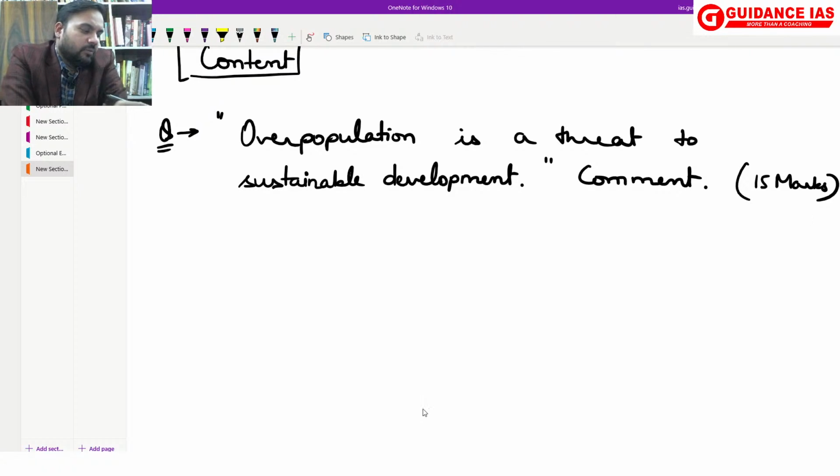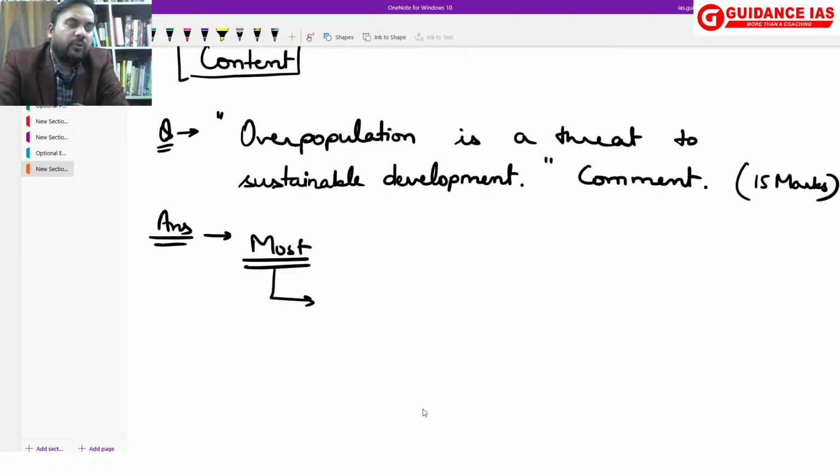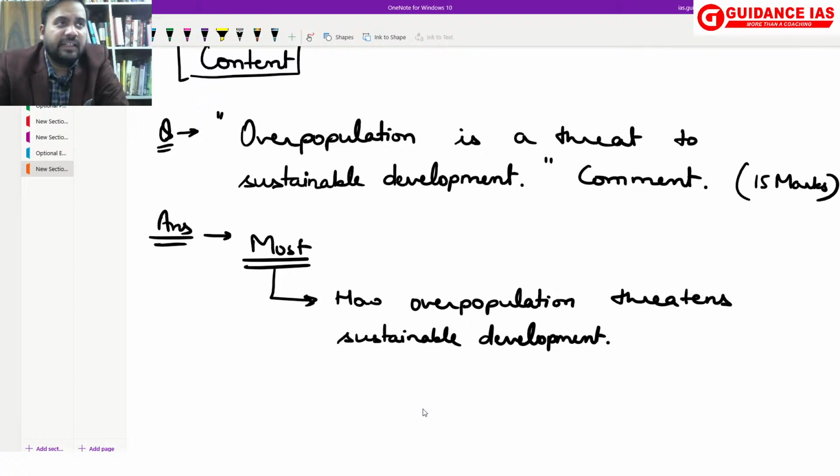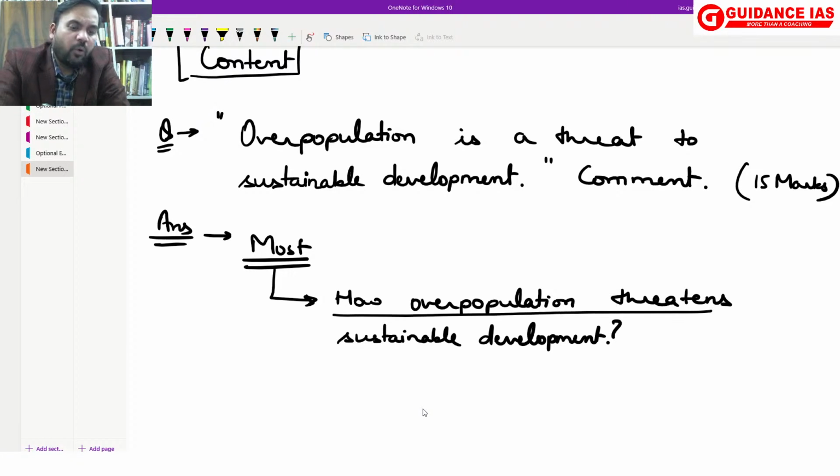Most of the students, when they will be writing answers, will ultimately try to explain how overpopulation threatens sustainable development. This will be the core theme.